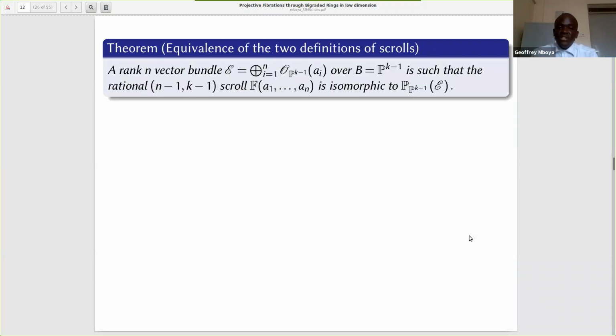These two definitions are equivalent. Someone can easily show this.